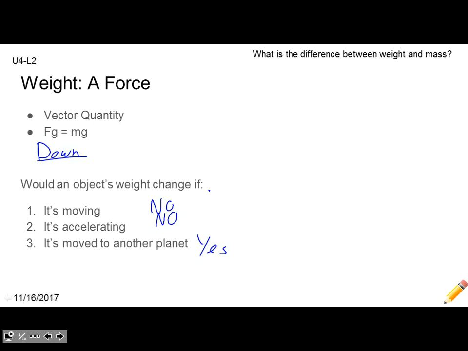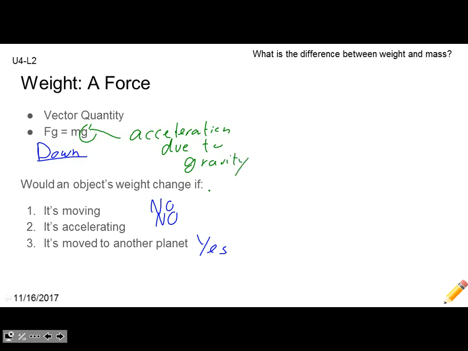What part of the formula do you think changes? Araya, which part of this formula changes when we move to another planet? Yeah, the g would. So we've been calling g the acceleration due to gravity.